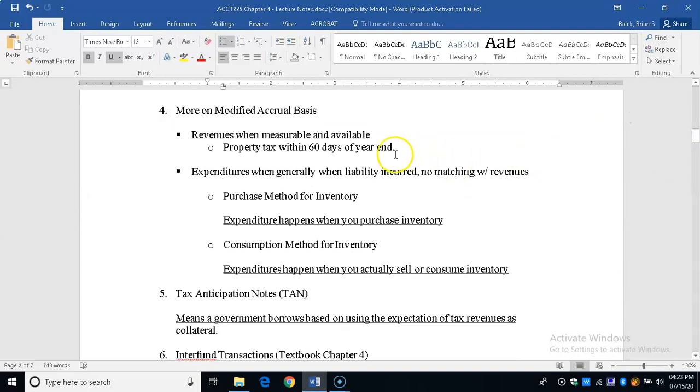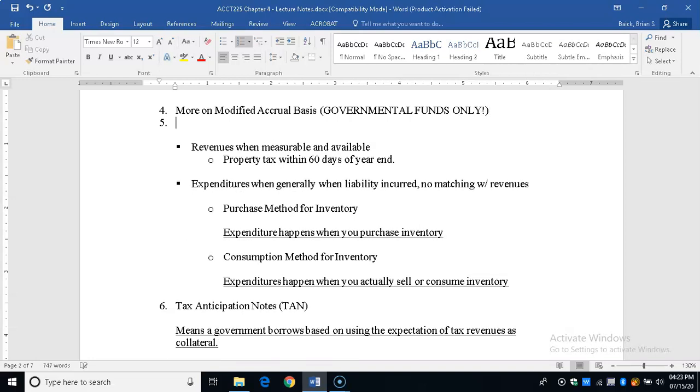Okay, a couple of other notes here. Modified accrual basis of accounting. So we talked a little bit about modified accrual. And just to review here, modified accrual is only used for governmental funds. Also, for modified accrual, it means that instead of expenses, we have expenditures.